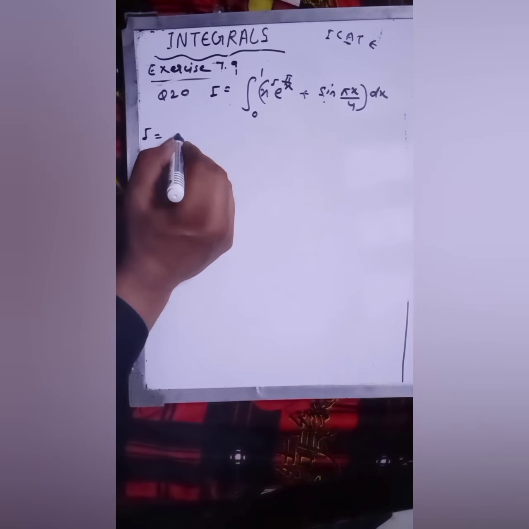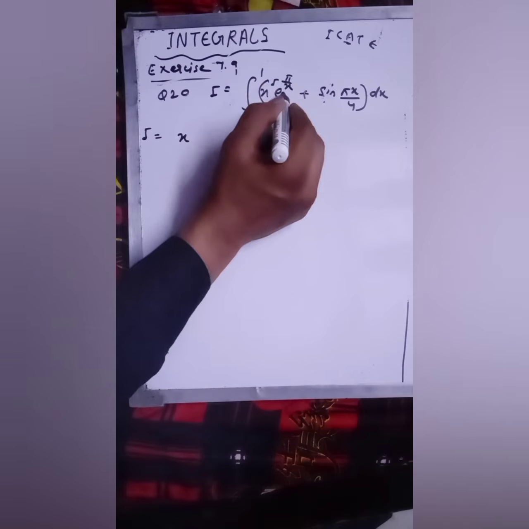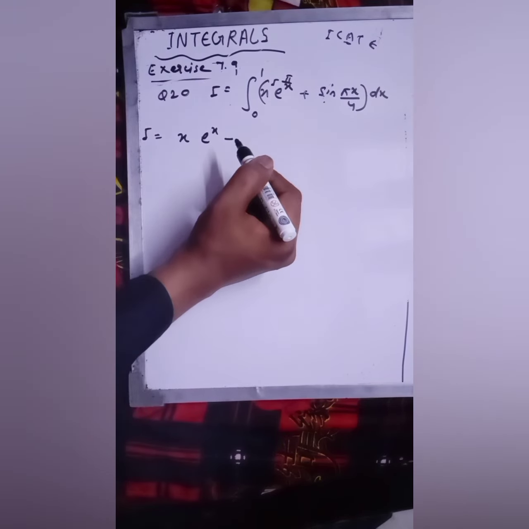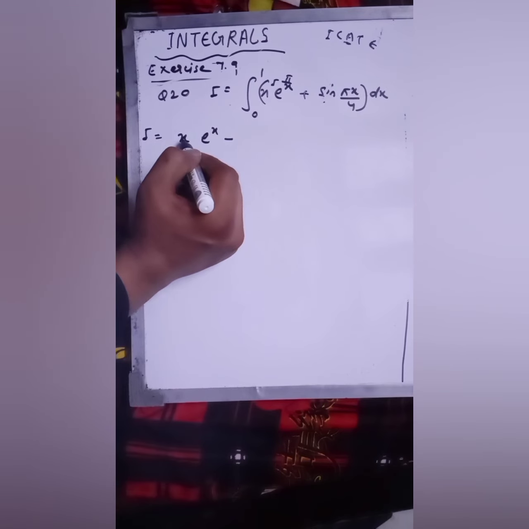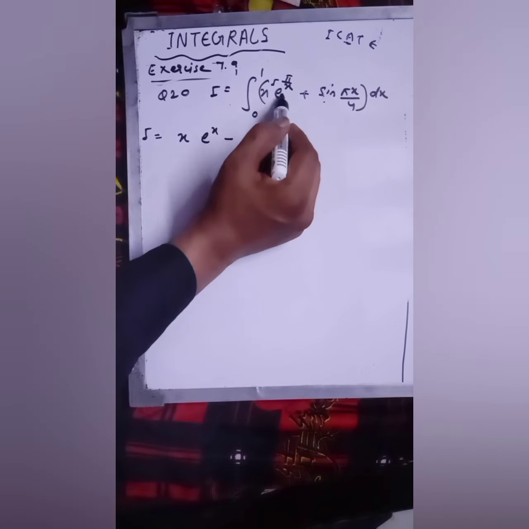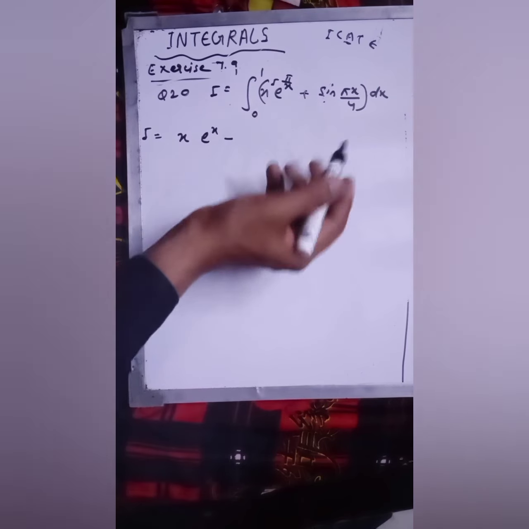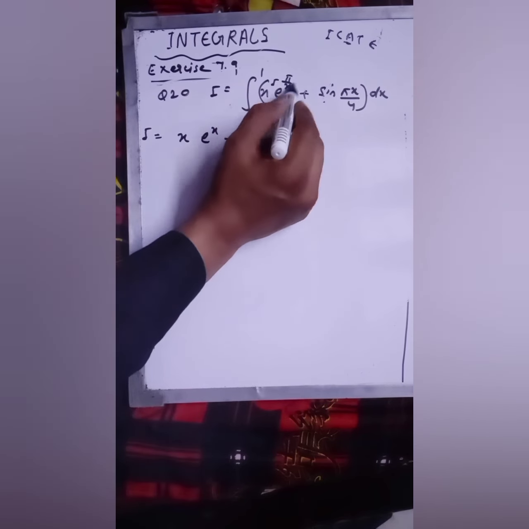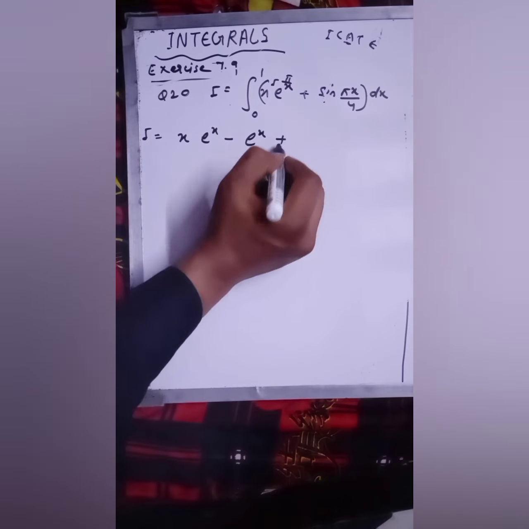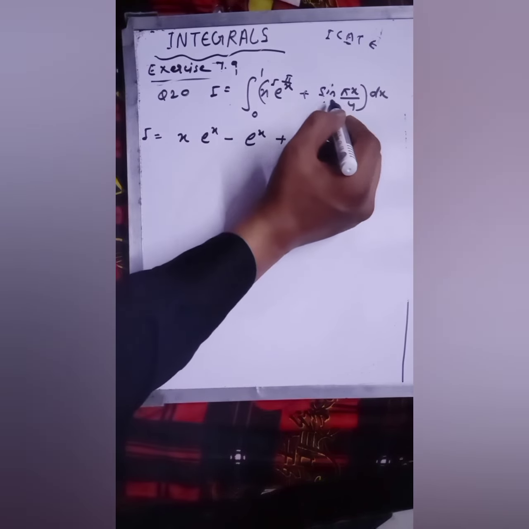Here your first function will remain the same, times the integration of the second function, the integration of e^x, which remains e^x, minus the derivative of the first function. The derivative of x would be 1, and the integration of the second function remains e^x, and then integration of the whole. So the integration of e^x again will be e^x plus this sine.